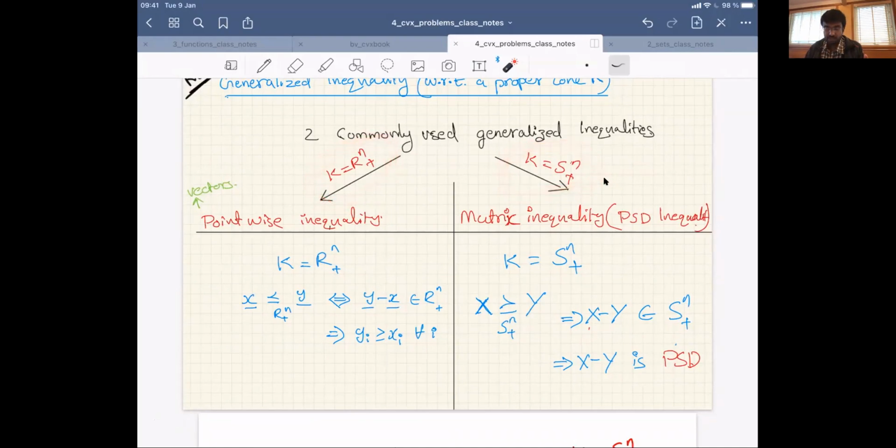If you have a vector x less than or equal to vector y, even if you don't specify it, it is understood by default to be with respect to R n plus. And if you have a matrix inequality, then by default, if nothing is said, it is with respect to S n plus.